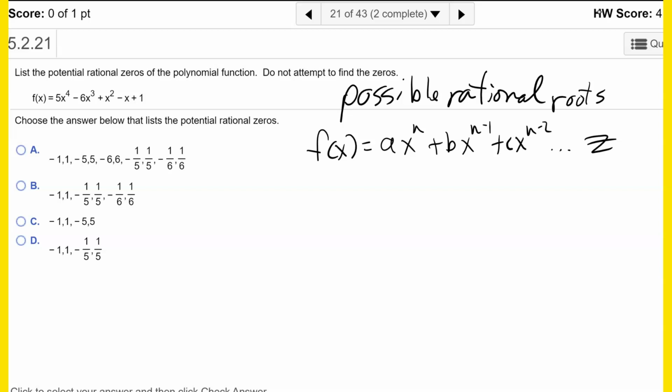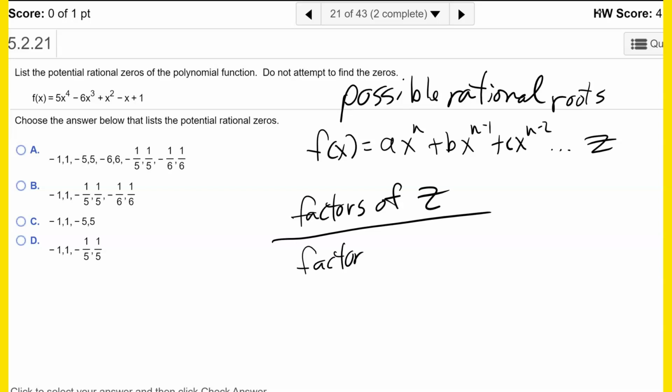The possible rational roots will always be within the set of the factors of z divided by the factors of a. And any of these could be positive or negative.